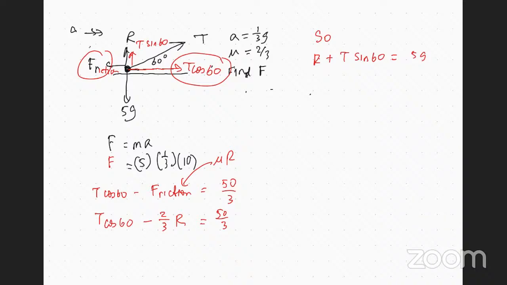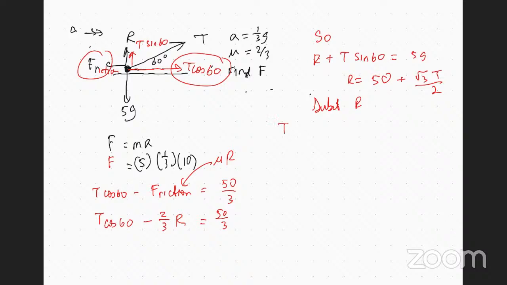R is equal to 5G plus T sine 60, and sine 60 is root 3 on 2. G is 10, so 5 by 10 is 50. So we're going to substitute R, and we'll end up with T. Cos 60 is a half.